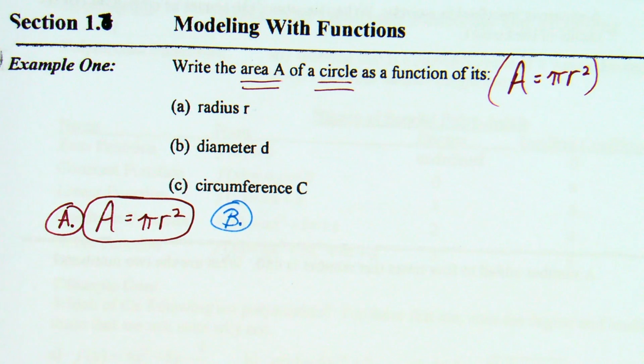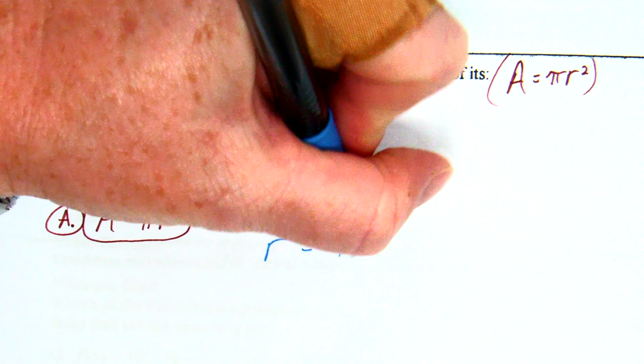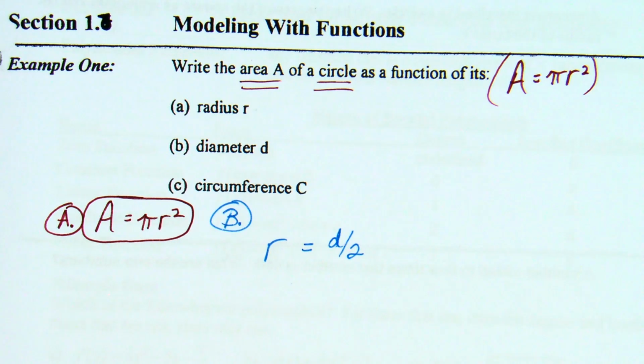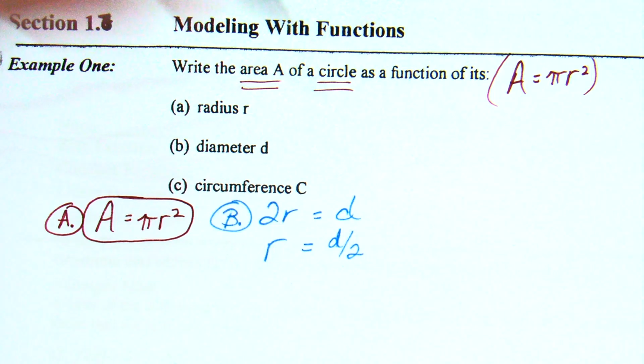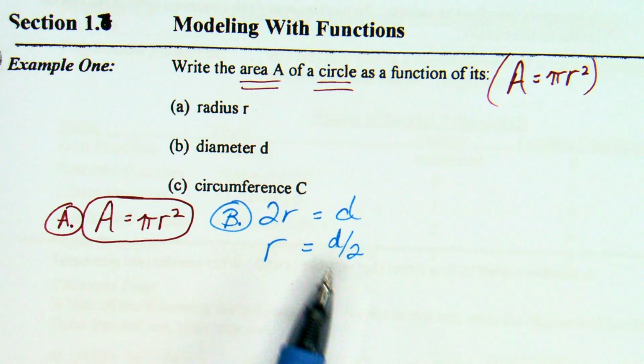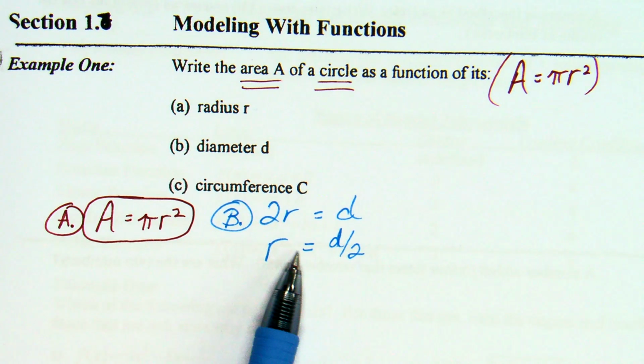Radius is half of diameter, so could I say one half d or d divided by 2? The other way to think about this is that the diameter is 2 times the radius. Both will get you to where I need you to be. They both say the same thing.